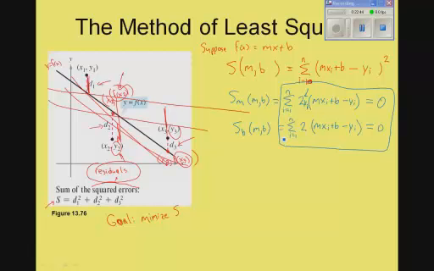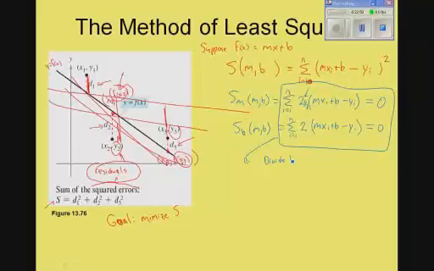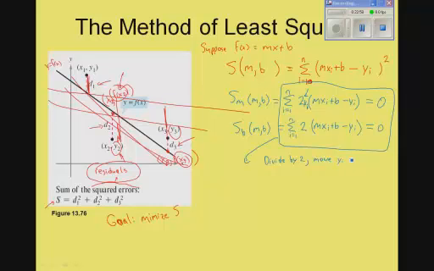So let me show you what you can do. I'm going to do a little move. First of all, divide by 2, right? Get rid of all those 2's. And then I'm going to move the yi terms to the other side of the equation.